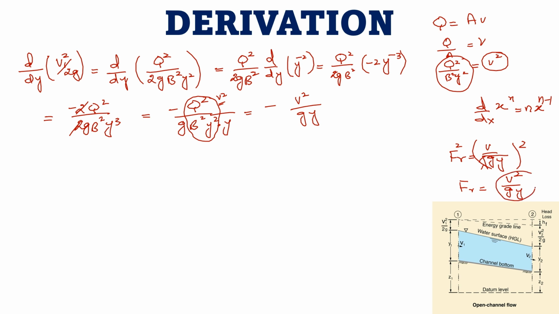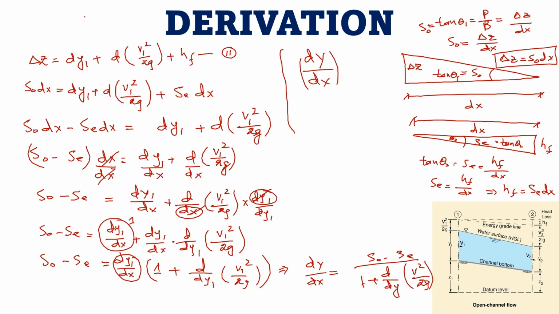So this term is basically equal to the Froude number. So here we can see this term v square over gy. So it will be equal to minus Fr square, because this term v square over gy, by taking the square, becomes Fr square. So simply we can say that after simplification, in replacement of this section, we can simply write minus Fr square here in this equation.